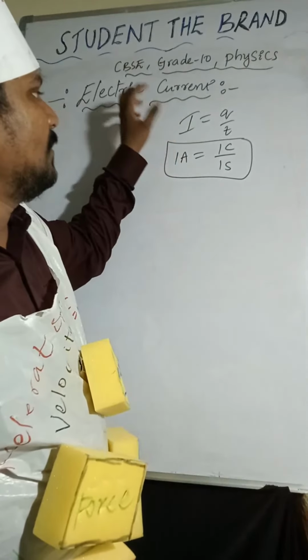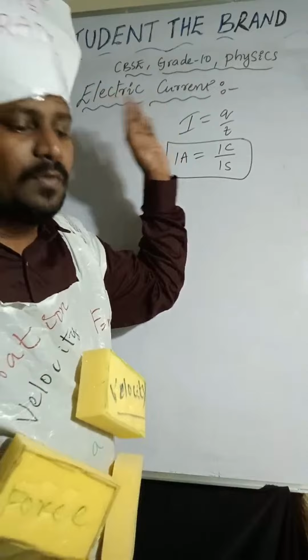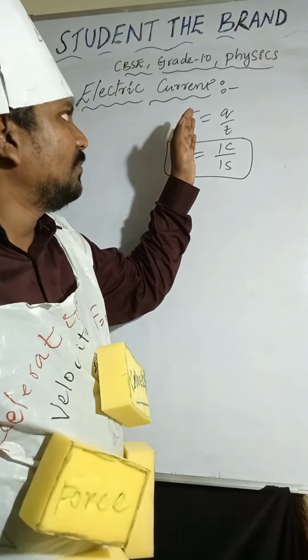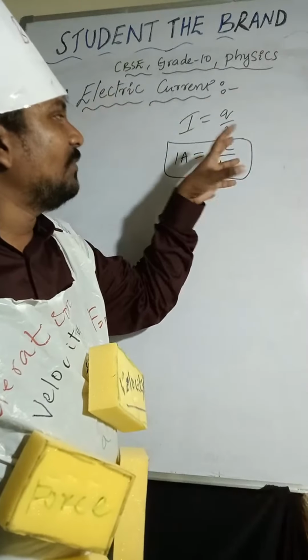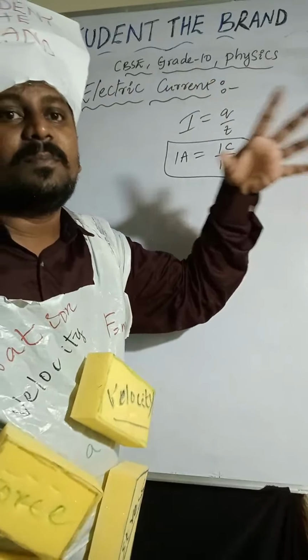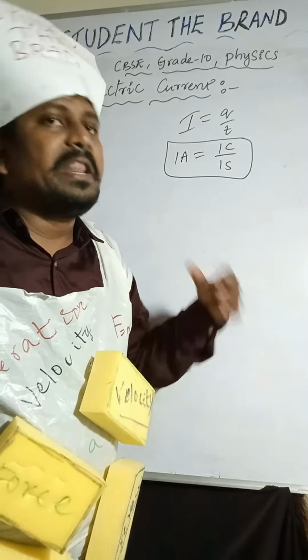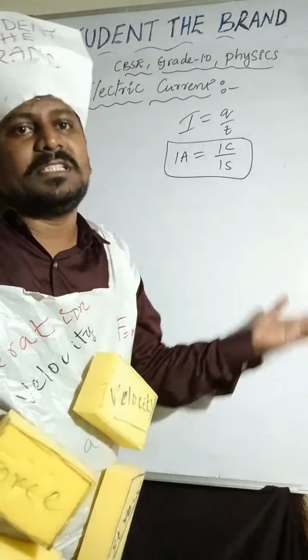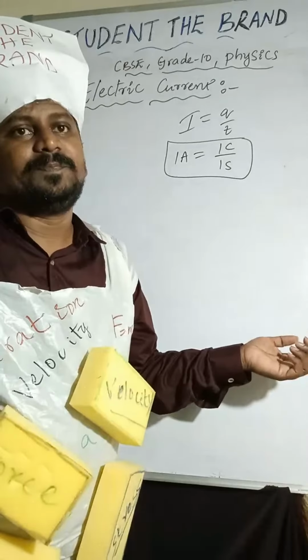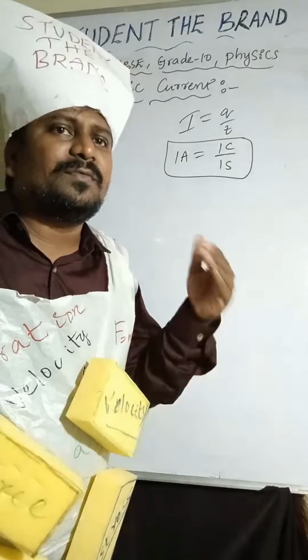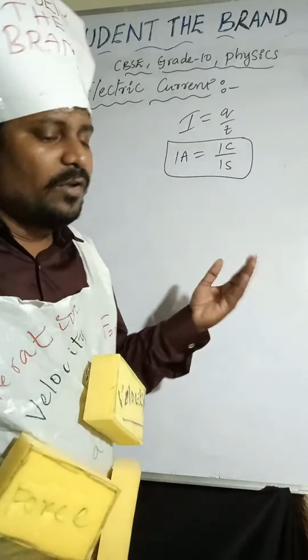So current is nothing but the flow of charge, the flow of charge through unit cross section area per second. Net charge flowing through unit cross section area per second, we can also say.